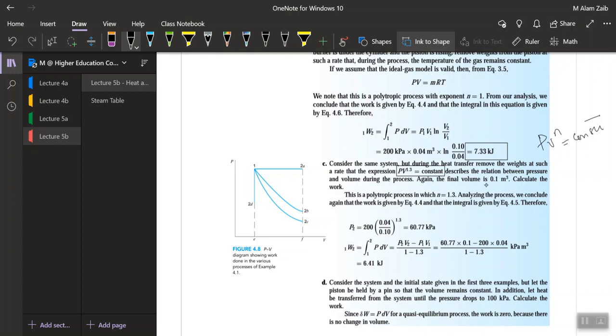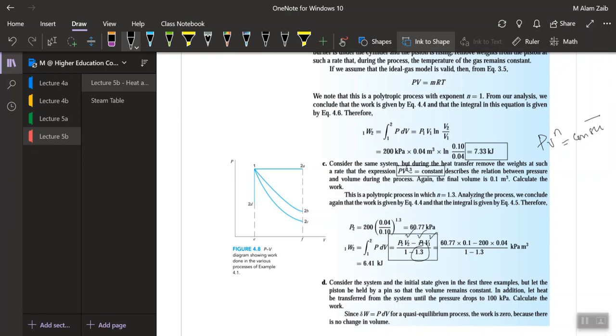Again, the final volume is the same, 0.1 cubic meter. Calculate the work done. In a polytropic process, from the last lecture, the work done is (P2 V2 minus P1 V1) divided by (1 minus n). V2 is given, P1 is given, V1 is given, n is there.